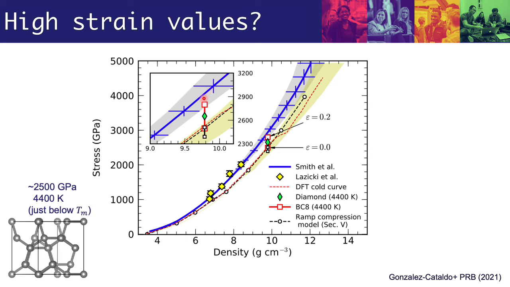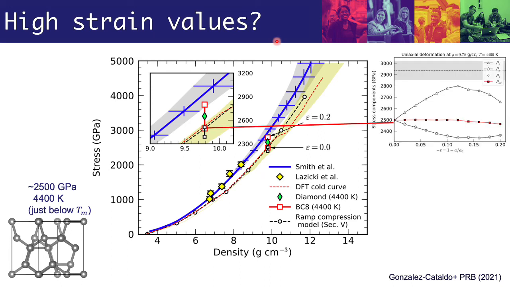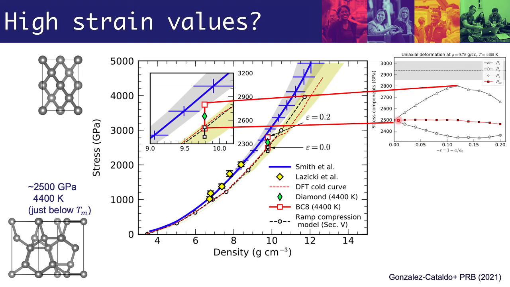So we also tried with high strain values to see if the measurements were compatible with the equation of state of carbon, and we performed uniaxial compressions at constant density and temperature. So we just basically varied just the shape, and we found that even with strains beyond 12%, we are not able to reach the high values of stress reported by the experiments.